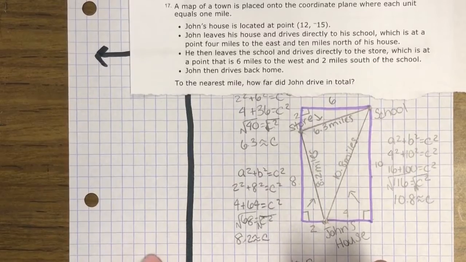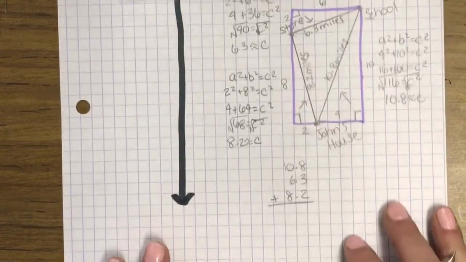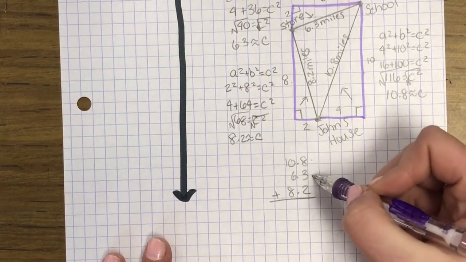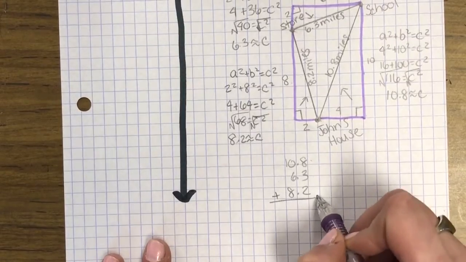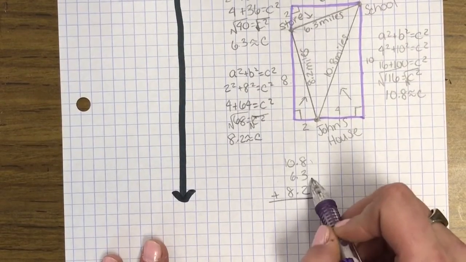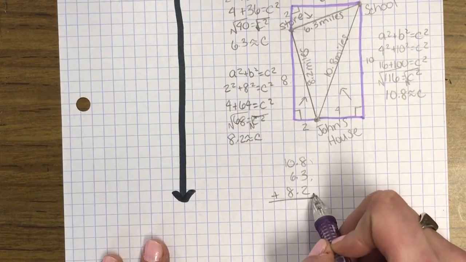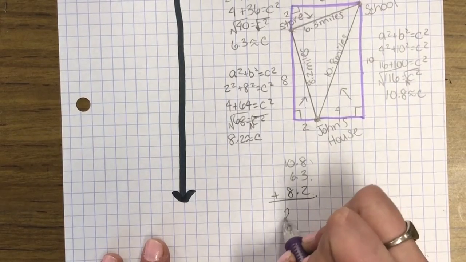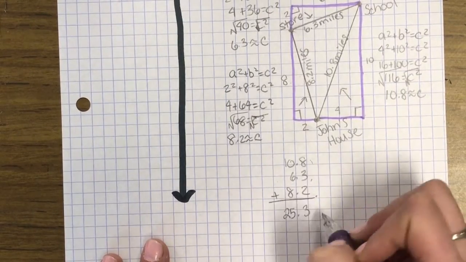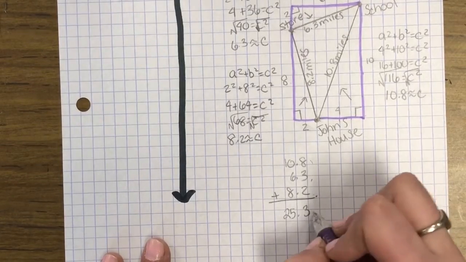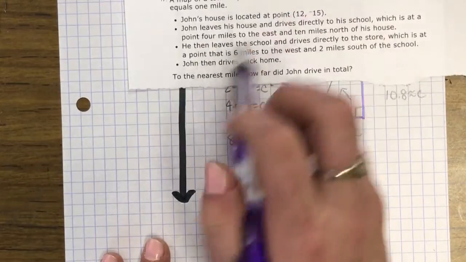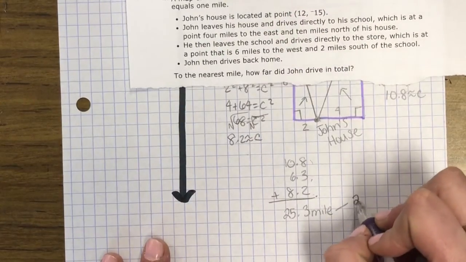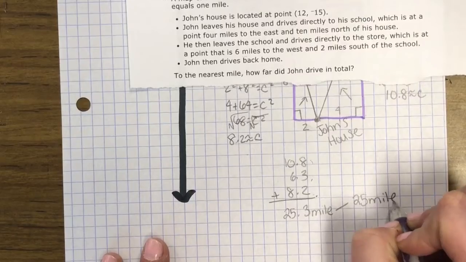I'm just going to add them up. 10.8 plus 6.3 plus 8.2, or mathematically, 10 and 8/10, 6 and 3/10, and 8 and 2/10. When you add those together, you get 25 and 3/10 of a mile, which to the nearest mile, like our problem asks, is about 25 miles.